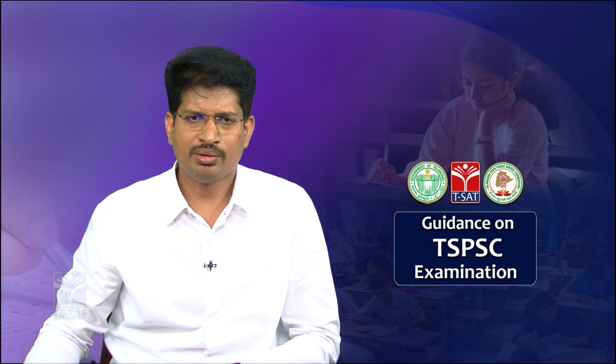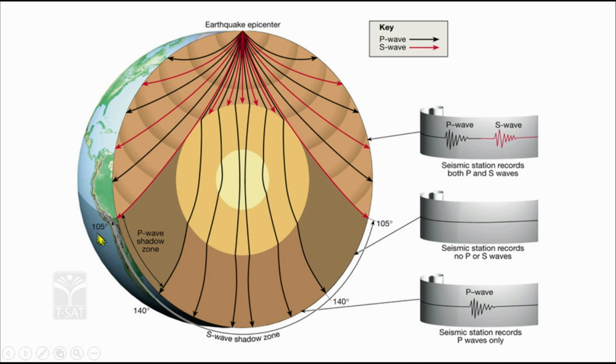Here in this context, we are able to determine the shadow regions of these waves. For example, the P wave shadow region angular range or the S wave shadow region angular range may be asked.